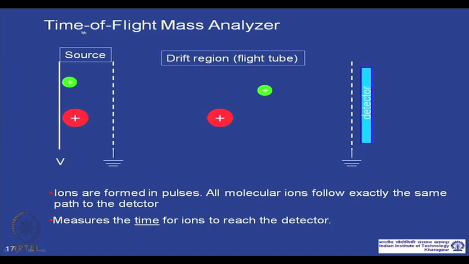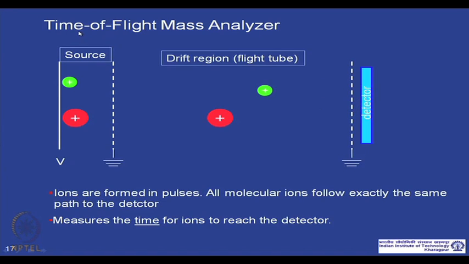Let us talk about the mass analyzer, the time of flight mass analyzer. This is the source of the mass spectrometer, where the matrix is vaporized and polymers are ionized, and then they are taken to the detector.